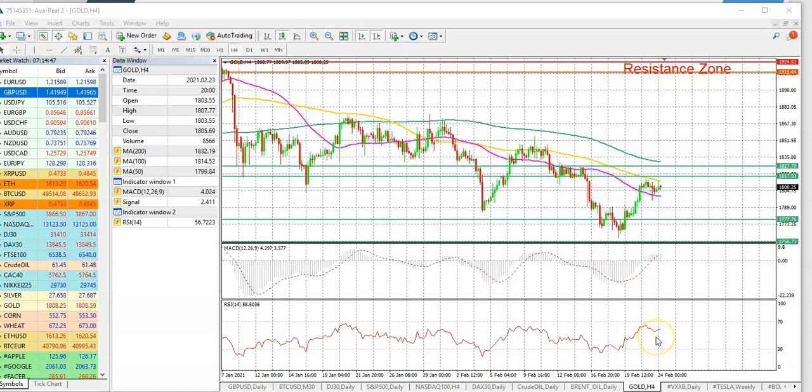At the same time, it is also quite important for traders to pay attention that the RSI is trading near the overbought area, because 70 is our overbought area and 30 is our oversold area.